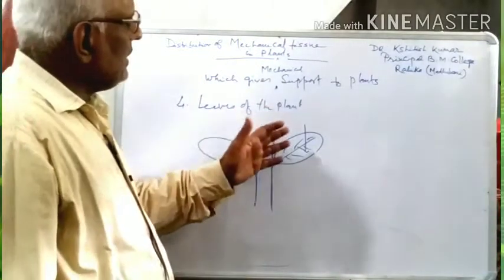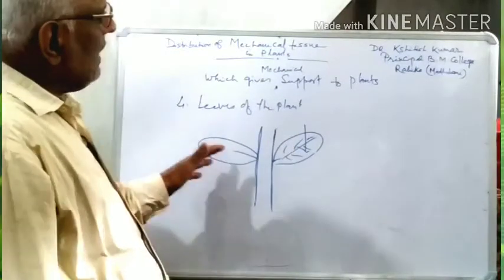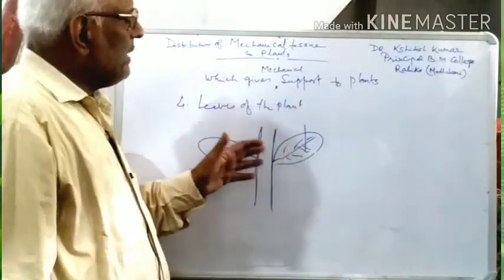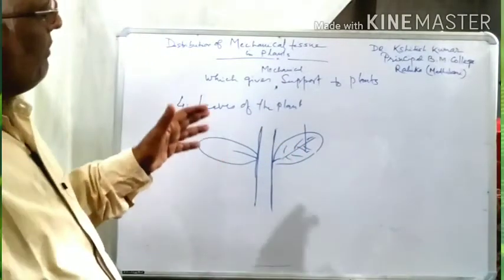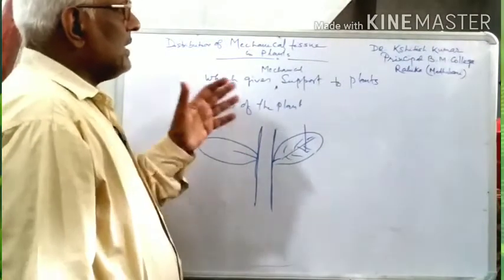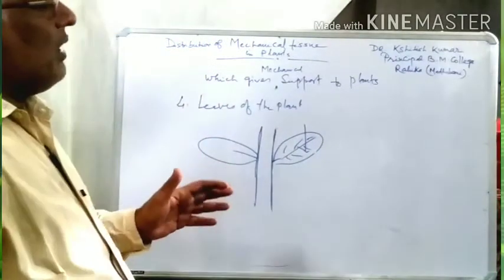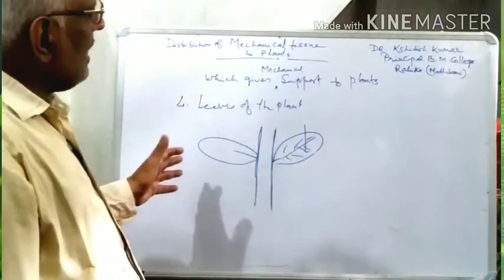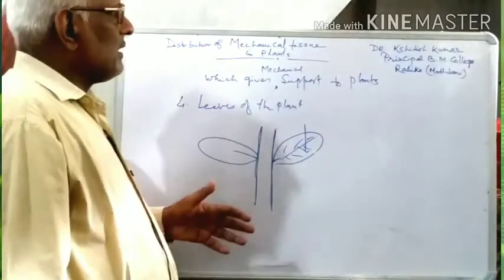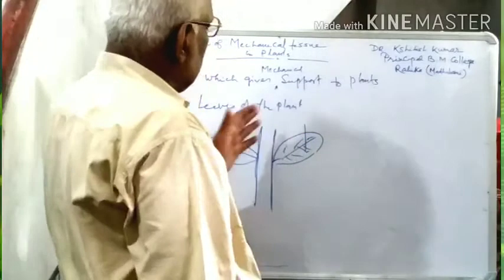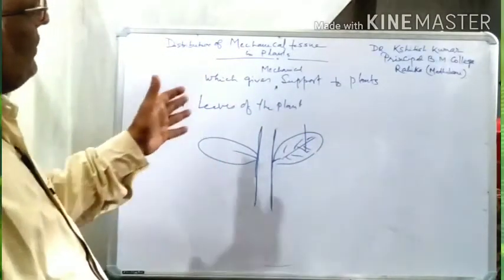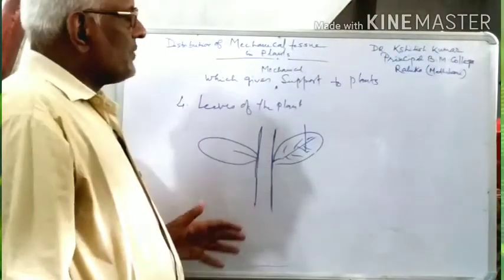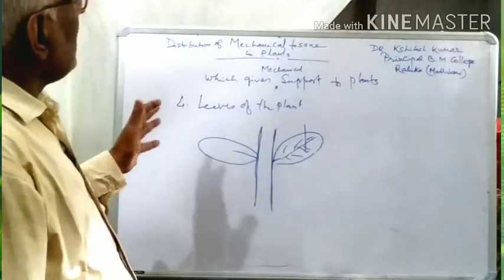So in the leaves there is an arrangement of mechanical tissue, so that they are able to bear mechanical forces, that is, the forces of climatic factors such as rainwater and storm wind. Hence mechanical tissues are distributed in different organs and parts of the plants.